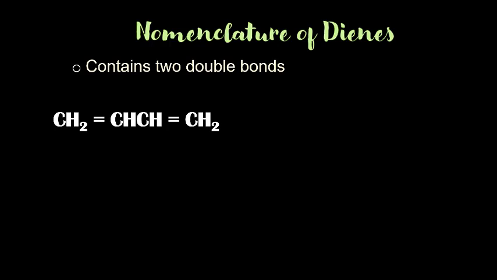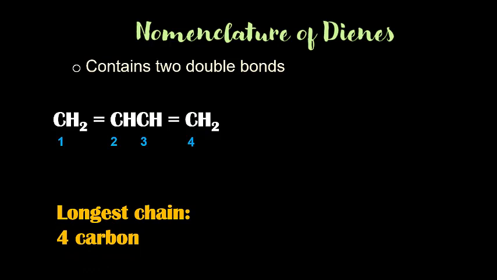For a compound with 2 double bonds, the suffix becomes diene. For this compound, the double bonds are placed between carbon number 1 and carbon number 2, and also carbon number 3 and carbon number 4. The longest chain of carbon is 4 carbons, so the IUPAC name for this compound is 1,3-butadiene.